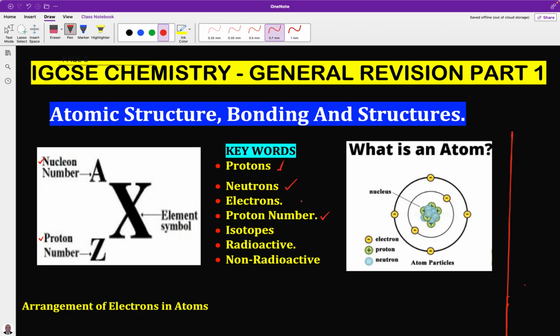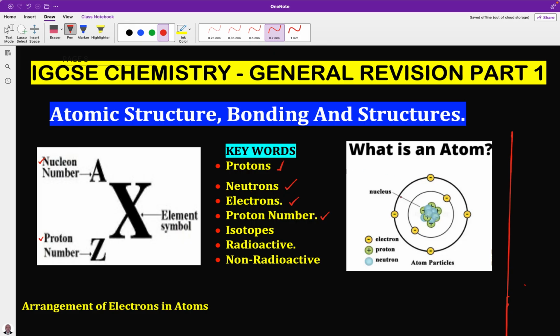Then, what are electrons? Electrons are negatively charged particles found in orbitals outside the nucleus of an atom.